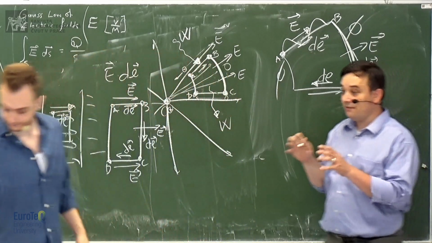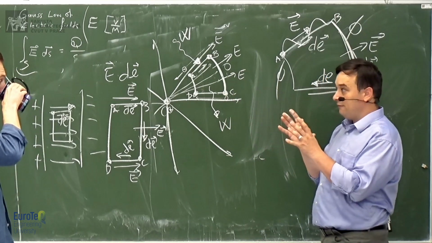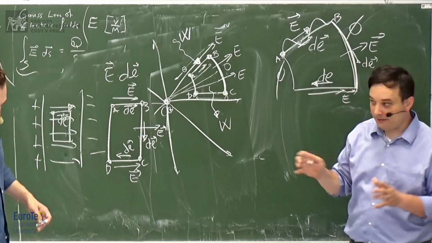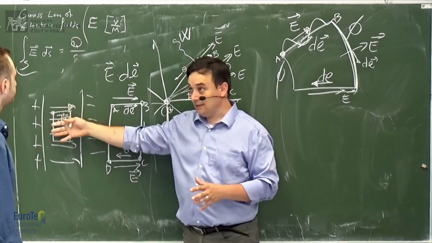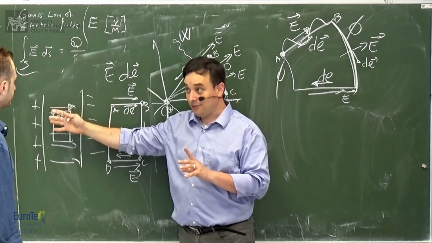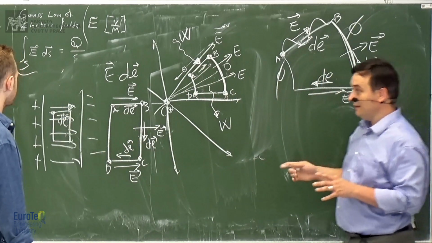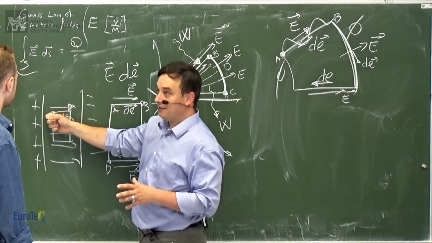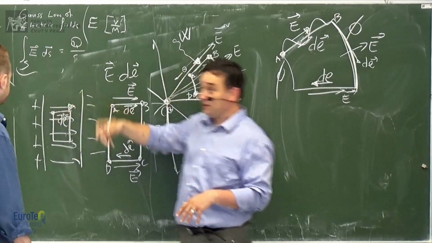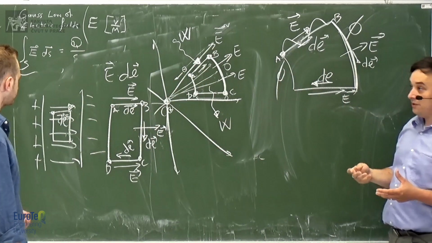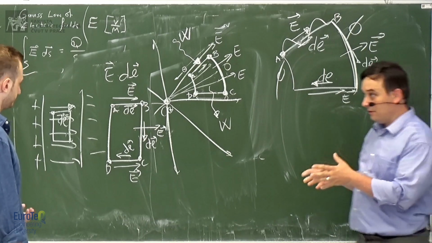So you have to watch how the electric field is shaped. If the electric field is uniform, then it's easy, then it's conservative, because you don't lose any energy. As long as you return to the starting point, you don't lose any energy.